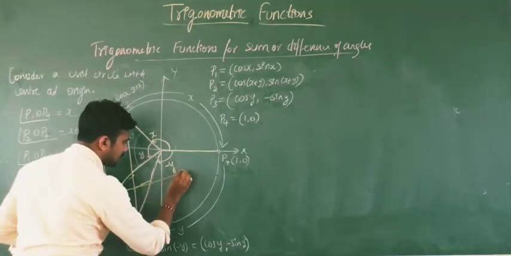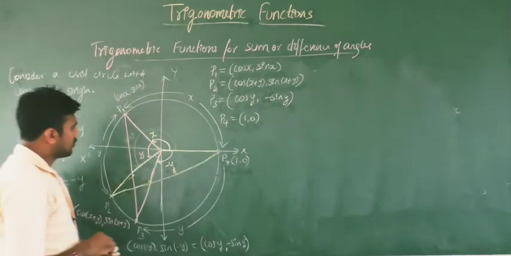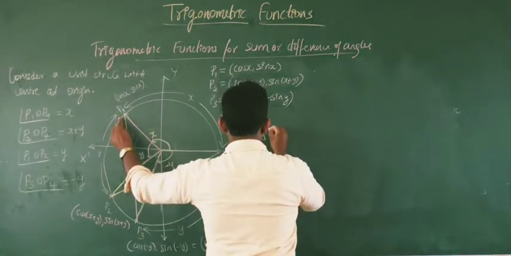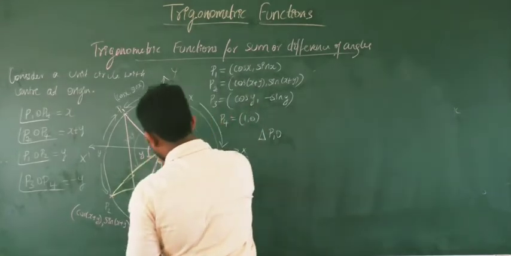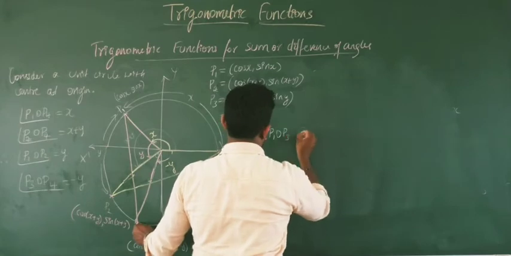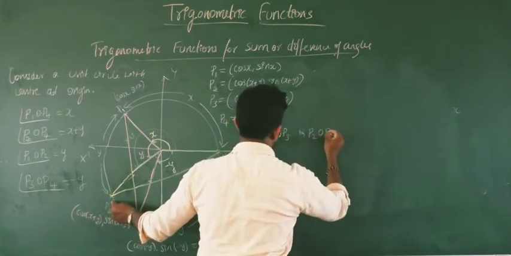We'll get a triangle here. This is another triangle. Now observe the triangles P1 O P3 and P2 O P4. This point is O because origin.